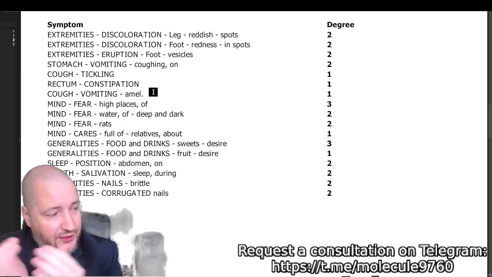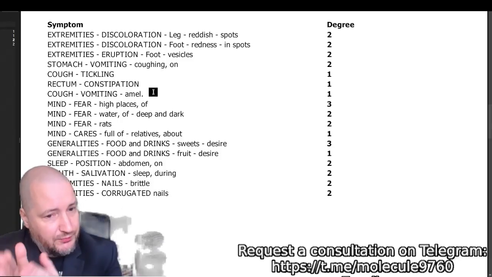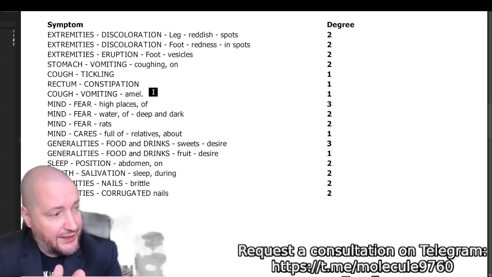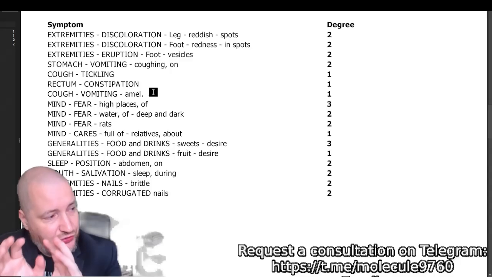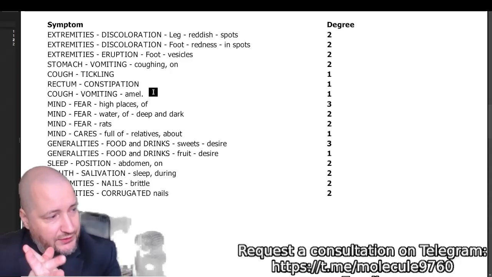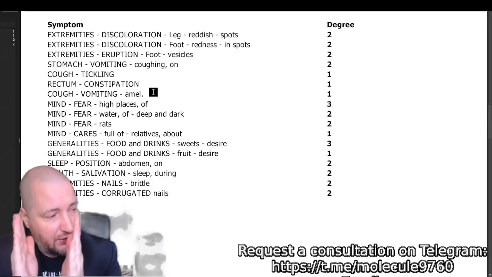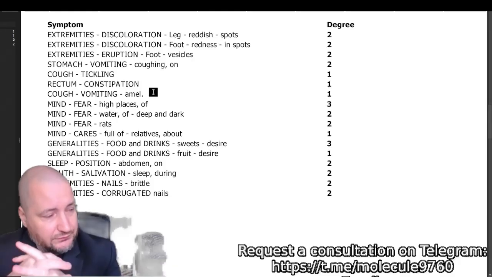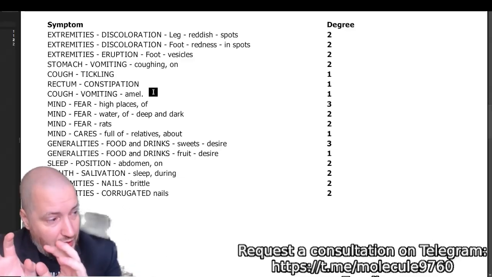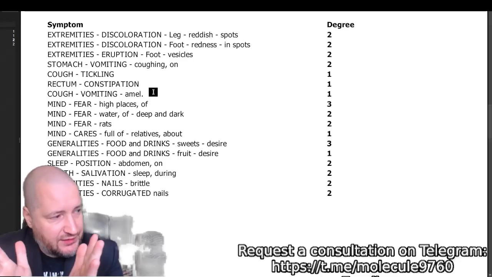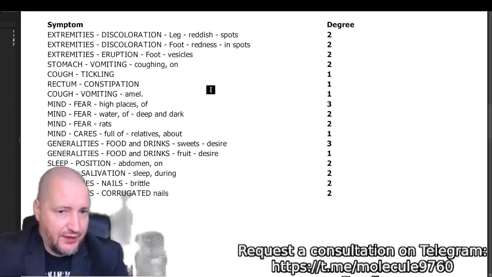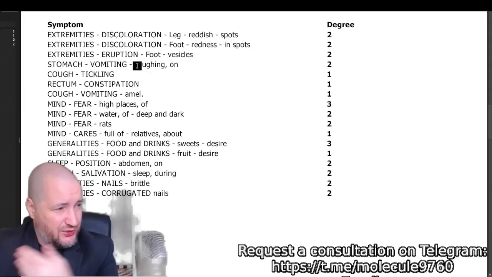What are the spheres? Like physical, emotional, mental, the diet, right? The remedy should be there in every sphere of a human being. That's when you're allowed to give it, not when you just have skin problems on your foot, right?